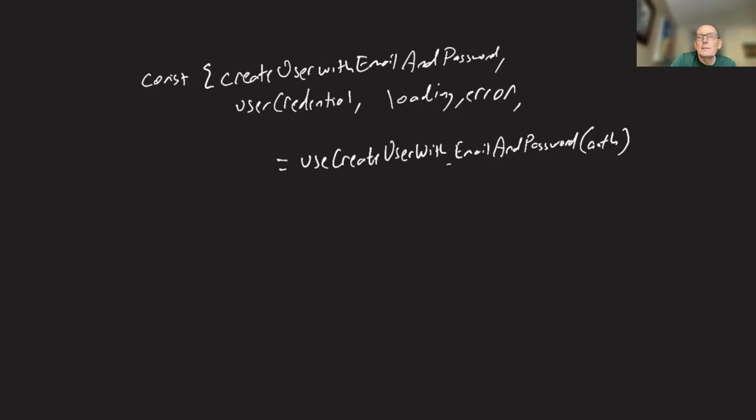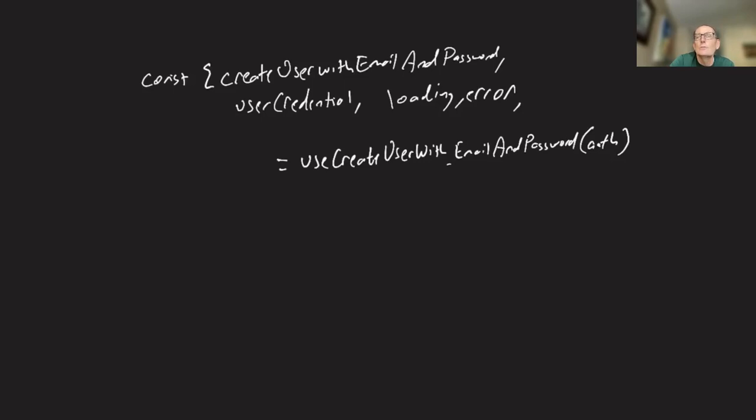The Firebase SDK actually defines a create user with email and password, but it's an asynchronous call. And then you need to go ahead and be waiting on the response to see whether there's an error or whether it succeeds. The hook really makes that much simpler. So you don't have to worry about the asynchronicity.